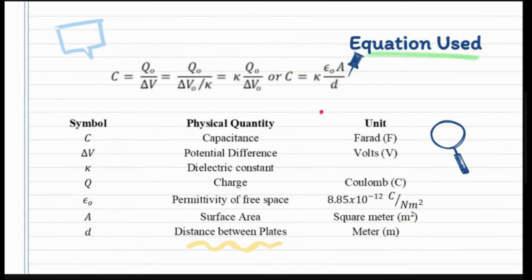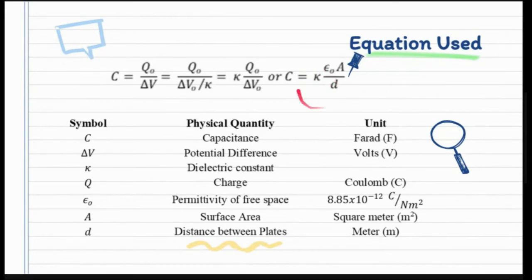And since we have inserted a dielectric material, the change in the capacitance of the capacitor is a factor we write as another constant, represented by the Greek letter kappa, which is the dielectric constant.